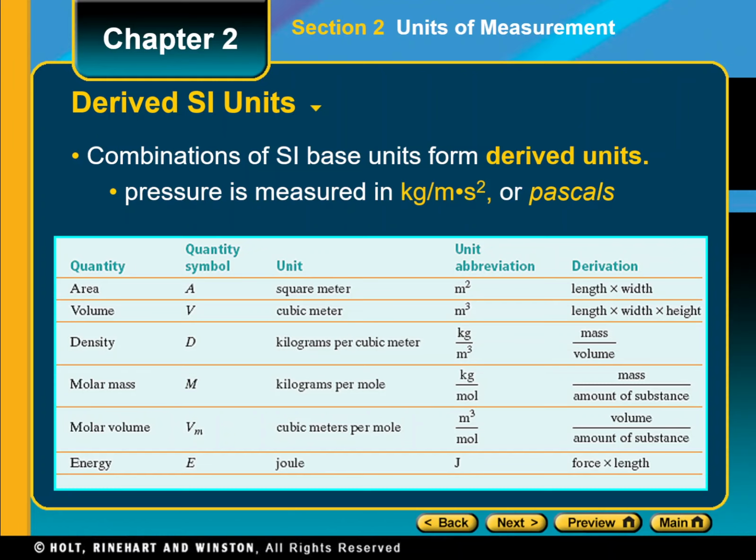The name Newton, or a capital N, is given to this combination. A joule is another combination unit used to measure the quantity of energy in a system or object. A joule is a Newton times a meter.